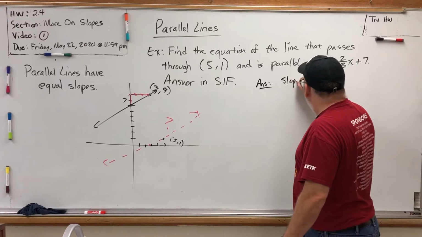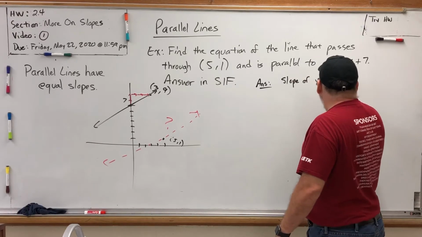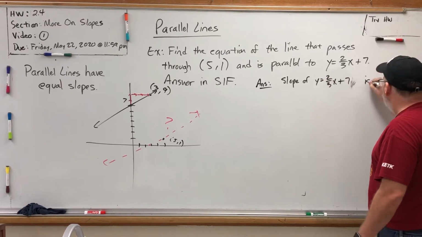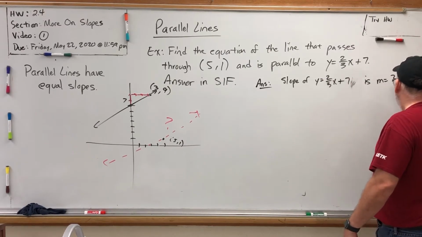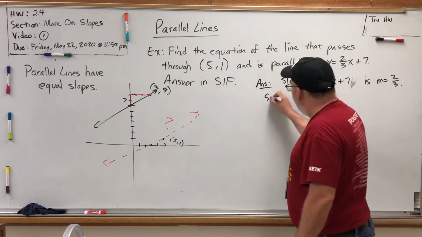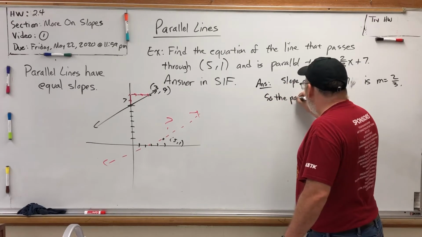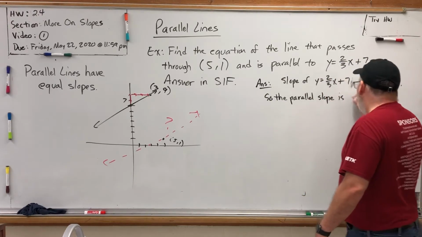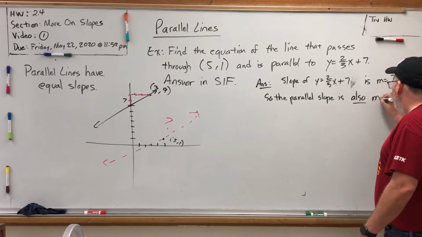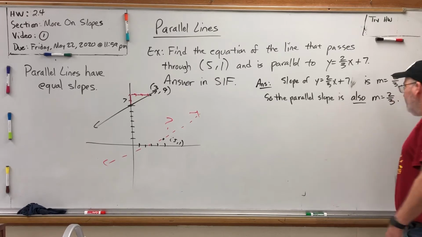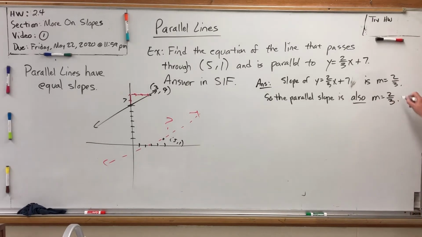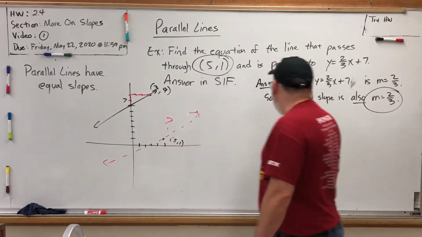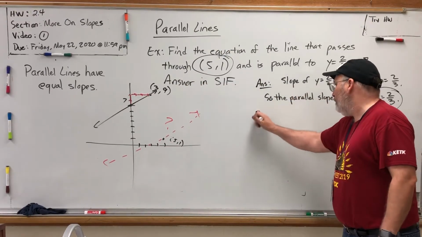The slope of y equals 2/3 x plus 7 is m equals 2/3. So the parallel slope, because we're told the lines are parallel, is also m equals 2/3. So that's the slope I want to use. This slope, this point. And now I can go to town, because we've played this game before.